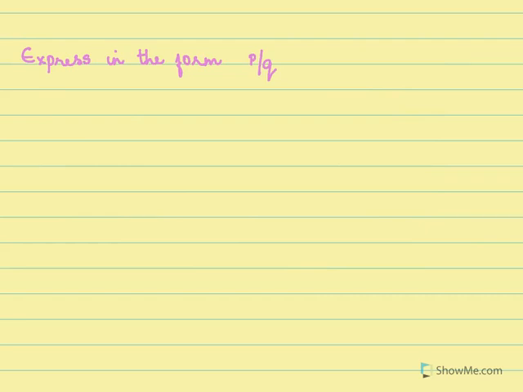Expressed in the form P over Q. The first one is 0.666. Now we know 0.666 is 0.6 bar. So let x be equal to 0.6 bar. That is my equation 1. So I take equation 1 and I multiply it by 10.